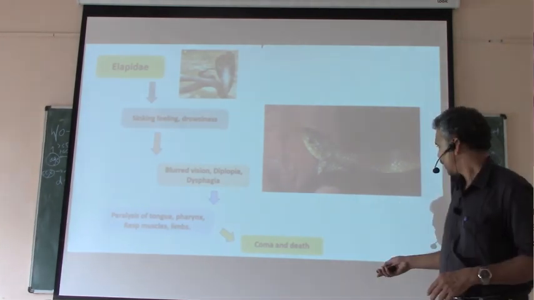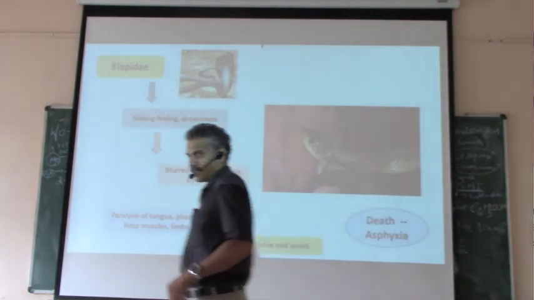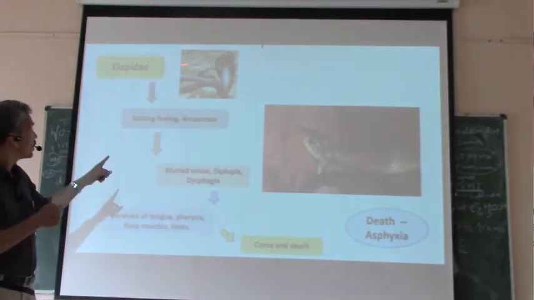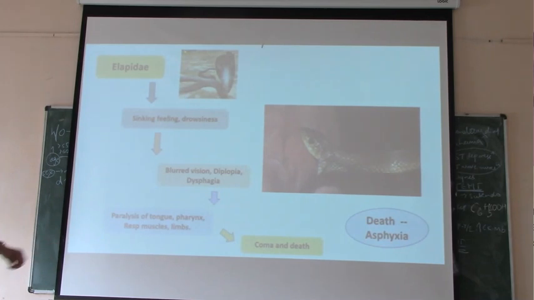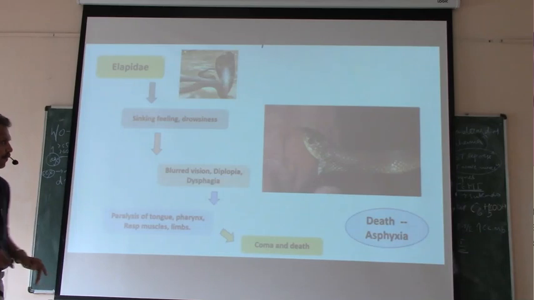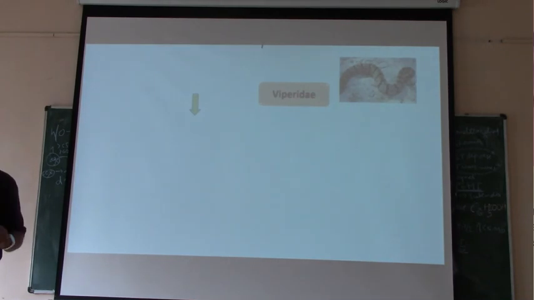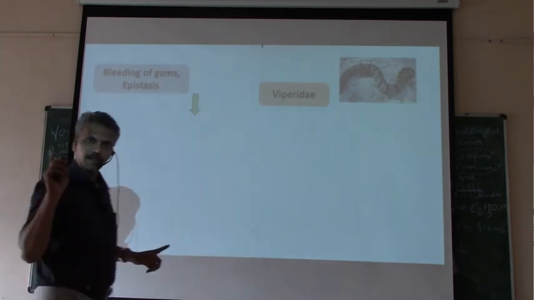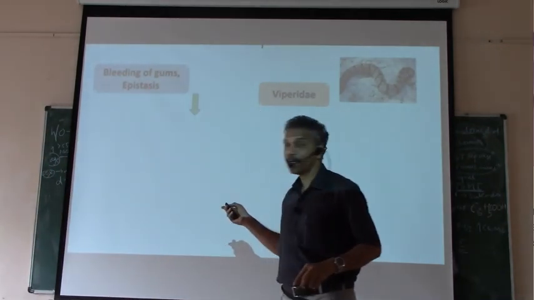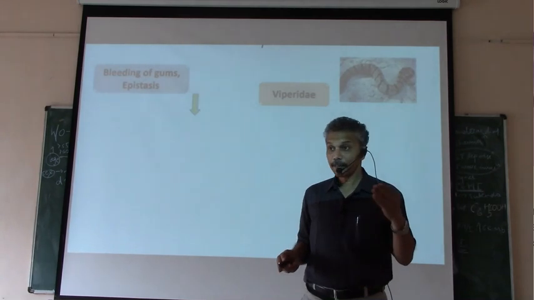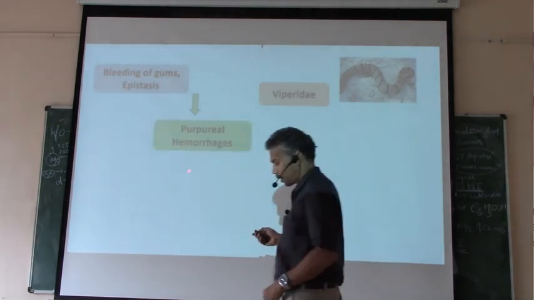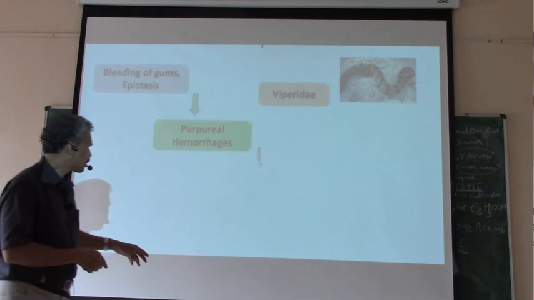Moving ahead, the cause for death here will be asphyxia. Try to understand, the cause for death here is asphyxia. Now we'll see what happens if a Viperidae snake bites. When a Viperidae snake bites, you see predominantly bleeding of gums, epistaxis, and purpuric hemorrhages.